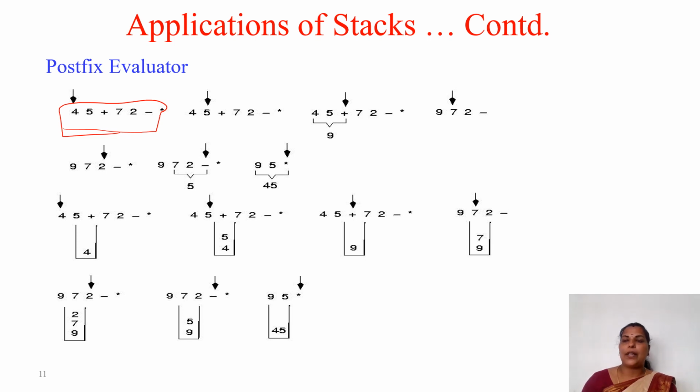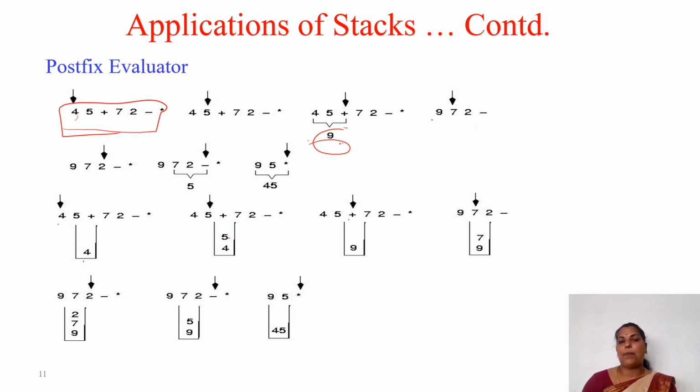See here, always we have to scan from left to right. First is 4, next is 5, next plus, so you have to perform addition. That operation you have to apply. Then 9 is there, 7, 2, likewise. First 4 is pushed into the stack, then 5 is pushed into the stack, then plus. So what happens?